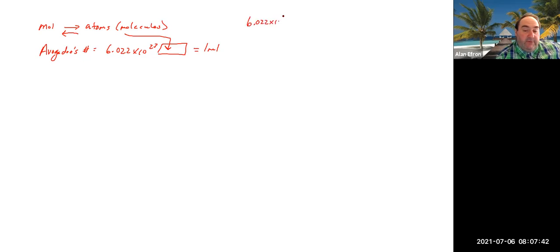You can have Avogadro's number up on top and 1 mole on the bottom, and this would be a case where you are starting with moles. You multiply the moles times that conversion factor, and that would give you atoms, or molecules if you're dealing with molecules.